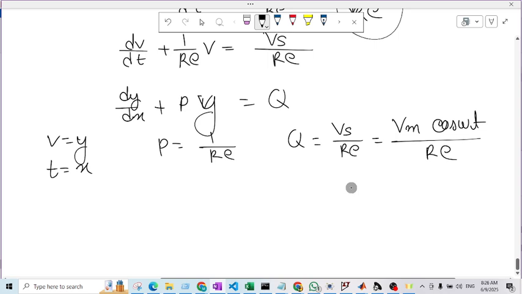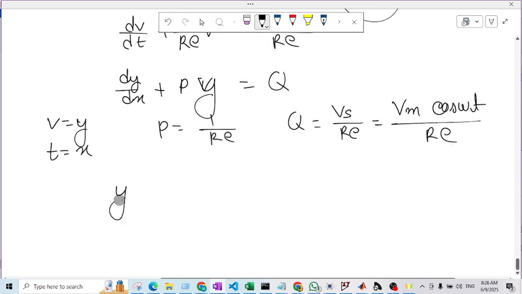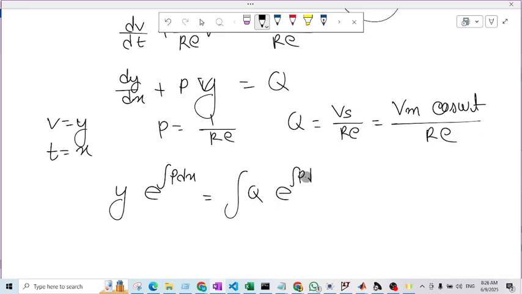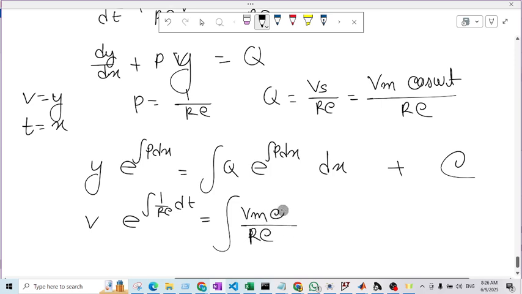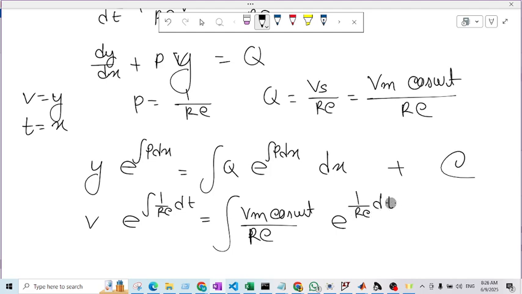Okay, so now let's write our equation: y e to the power integration of p dx, equals integration of q e to the power integration of p dx, plus, don't forget to write this c. Now put our values here: V instead of y, e to the power 1 by RC into dt, q is equal to Vm by RC cos omega t, then e to the power 1 by RC into dt plus c.